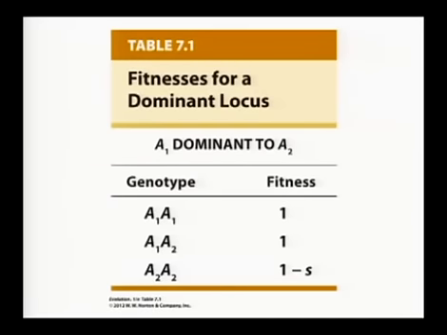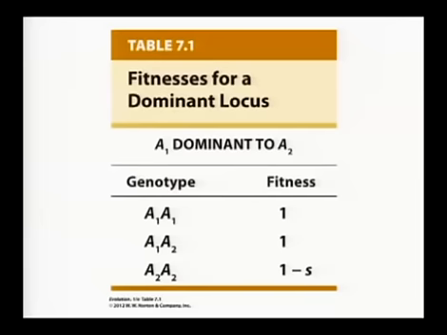So to build selection into this system of equations that we have, all we're going to do in this simple case is just say that the fitness of A2 is 1 minus S. And this would be the case where A2 is recessive and A1 is totally dominant, exactly dominant.